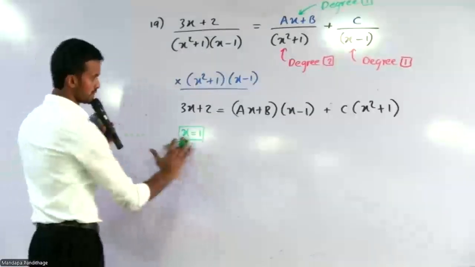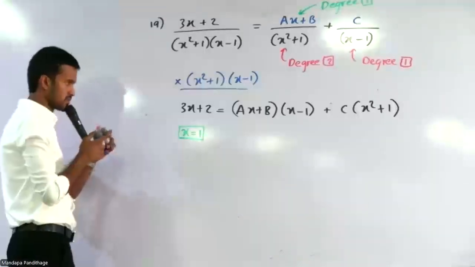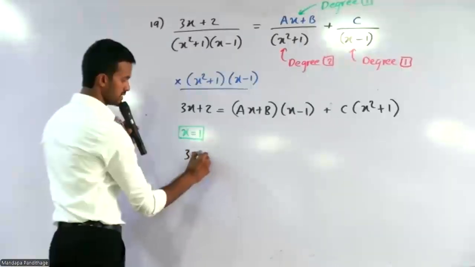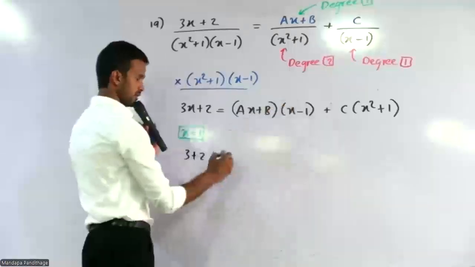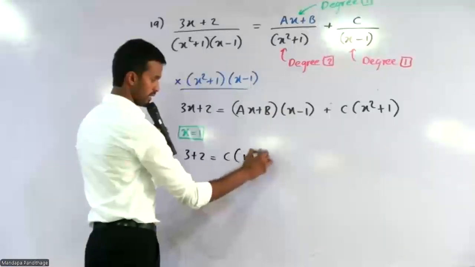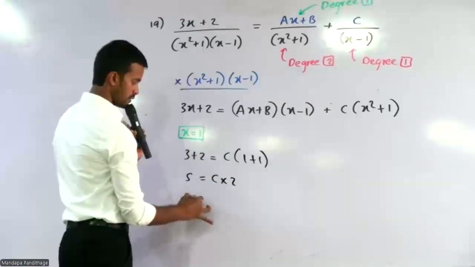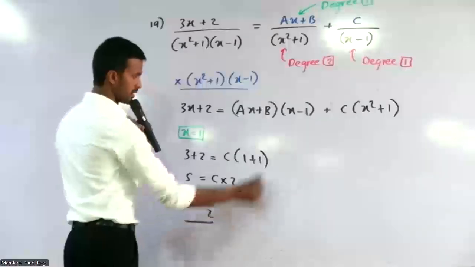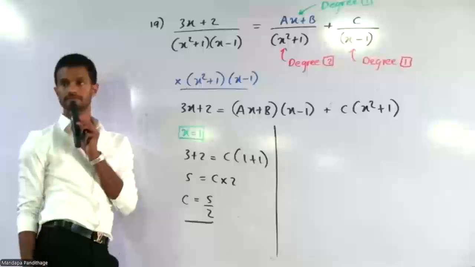So when you put x equals 1, you get 3 plus 2 is equal to, we don't have to write this one, it's 0, and this one, it's 1 plus 1. And you get the answer that c is equal to 5 over 2. Whenever it's possible to substitute a value and get an answer, do that. That is the first step.